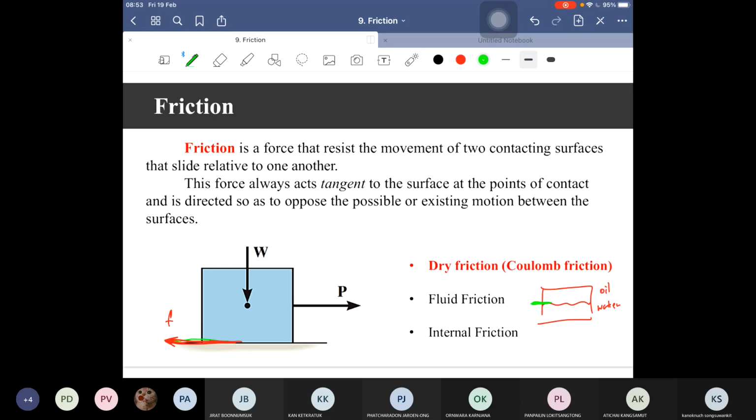Between these two fluids, there is a friction: fluid friction. Another type is internal friction. As the name says, it is friction inside one body. So in this class, we will study the basics with only dry friction, friction that occurs without any fluid.